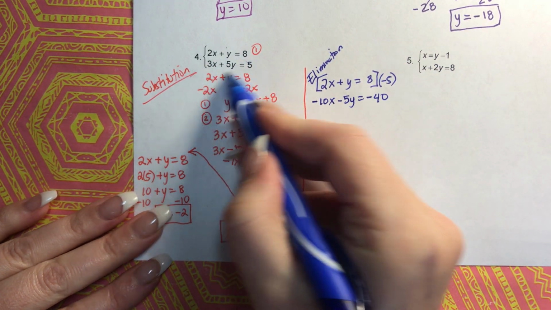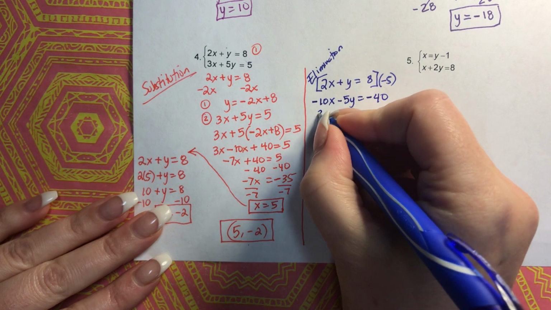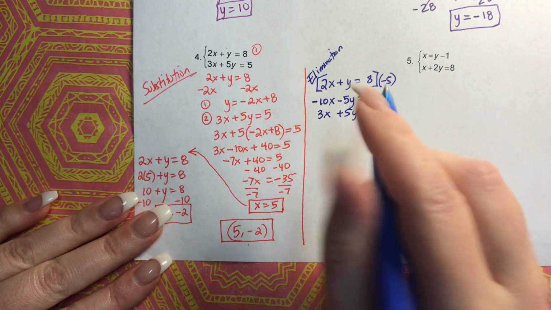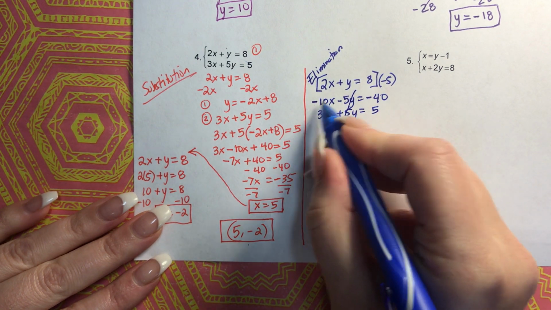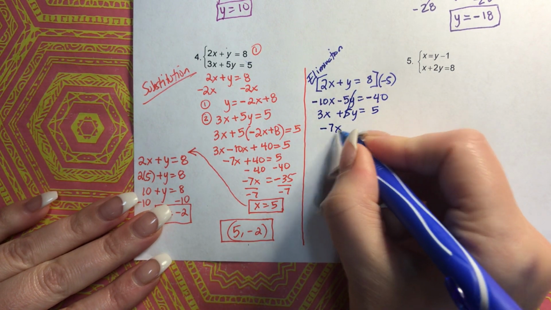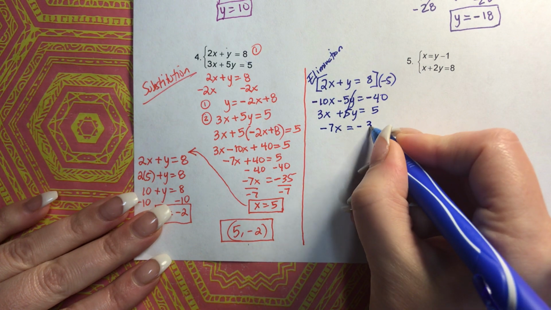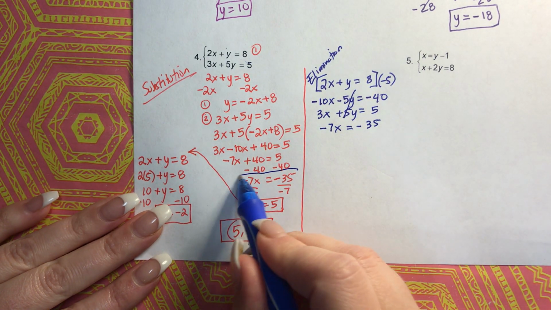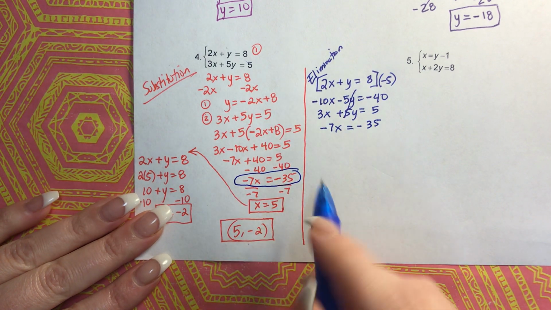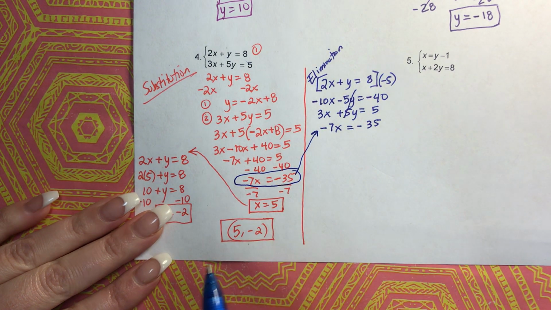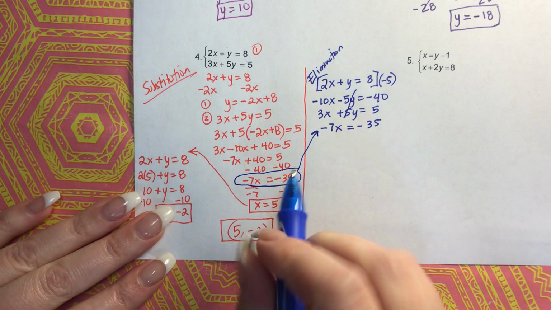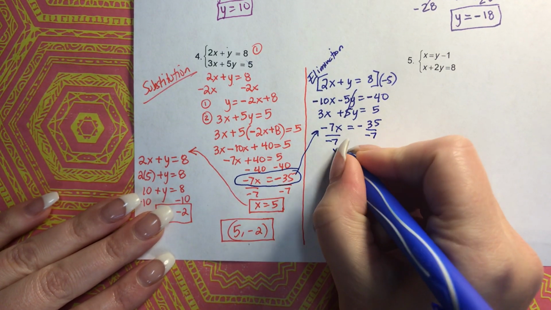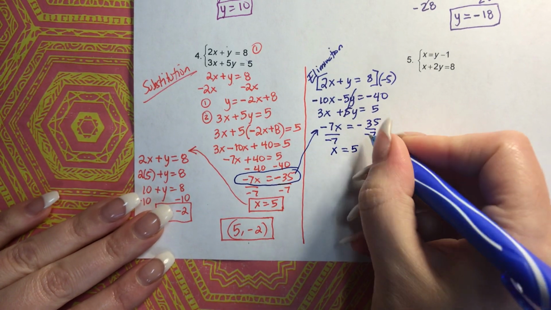Then I'm just going to write this equation underneath it. Okay, these cancel. That's going to give me -7x equals -35. And if you see, we're really right where we were, right here, right? They're the same. So it looks like we're getting there a little quicker using elimination with this one. And then we have x equals, that's going to be 5.